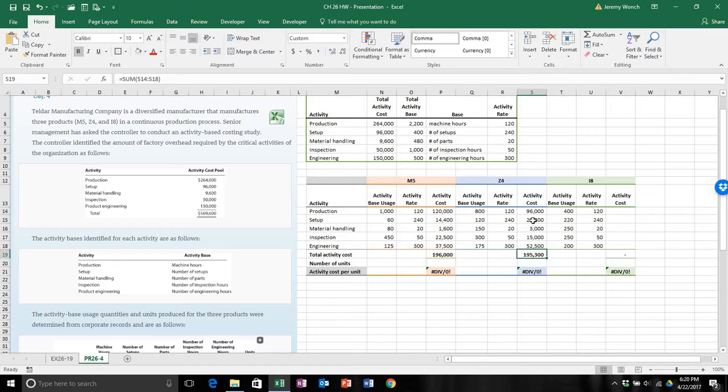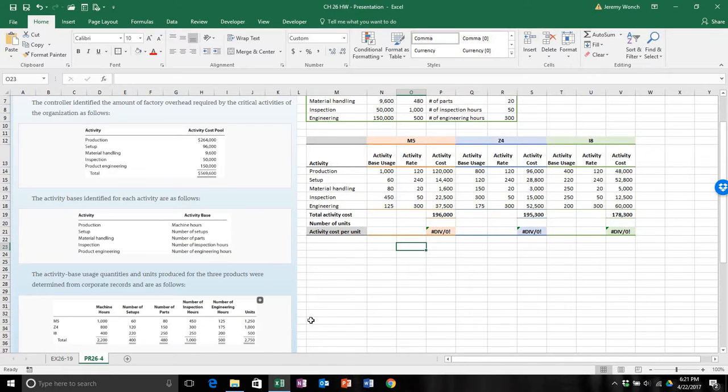The total activity cost for the Z4 is $195,000. And the total activity cost for the i8 was $178,300.